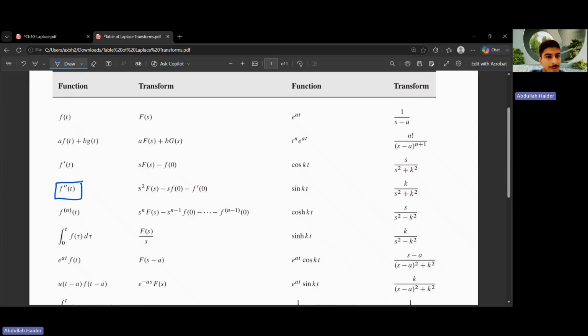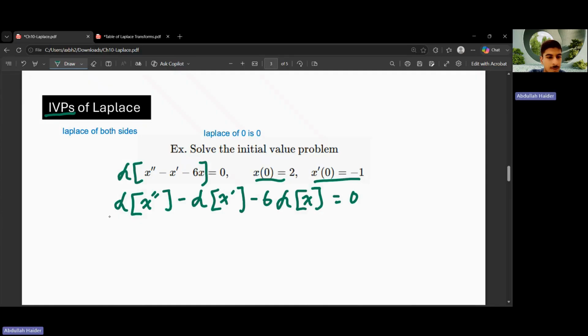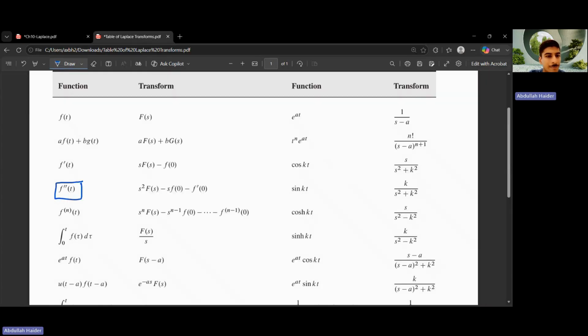F double prime of t is s squared F, but instead of F we will be simply using X, and it's better to keep this in closed brackets. I'll tell you why. So s squared X. One important thing you need to know is that this F is capital and these are the smaller letters. So this is capital F, this is small f, this is small f.